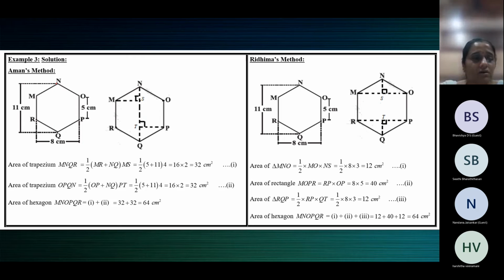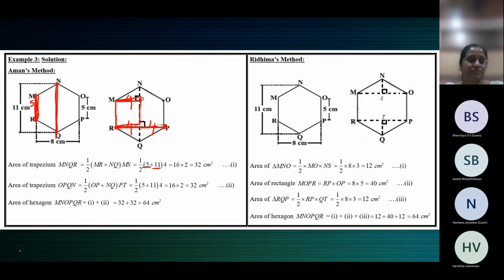So now the length of the parallel sides. This one is not 11. This MR is the side of the regular hexagon, which is 5. NQ is 11. It's marked outside, 5 plus 11. Distance between them, this full thing, is 8. So it will be 4 here and 4 here. And since this is a rectangle, opposite sides are equal.